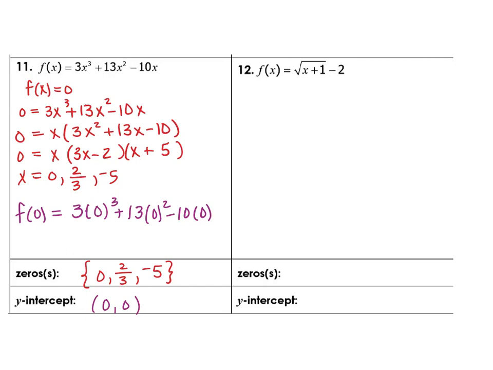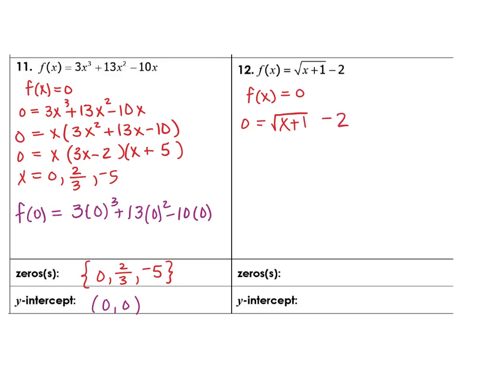Right, so now for our next problem, we do have that square root function. And so that doesn't change things. We're still going to approach this the same way. First step, f of x is going to be 0. So I have 0 equals the square root of x plus 1, and then minus 2 is on the outside.